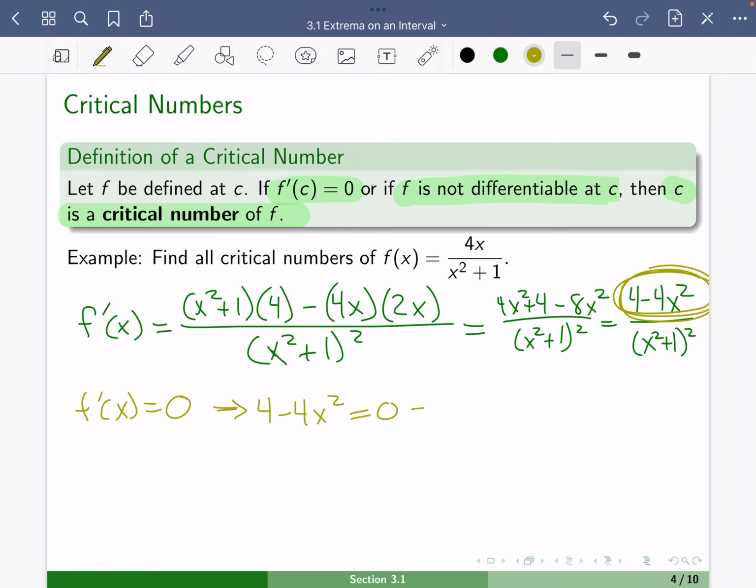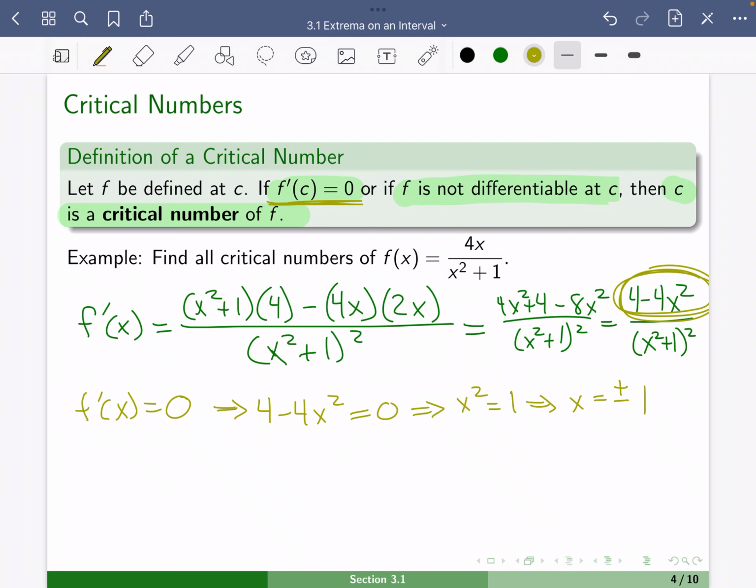That is going to happen when x squared is equal to 1. And so x is plus or minus the square root of 1, so x is equal to plus or minus 1. So those are critical numbers. Those are only the places, though, where the derivative is 0.